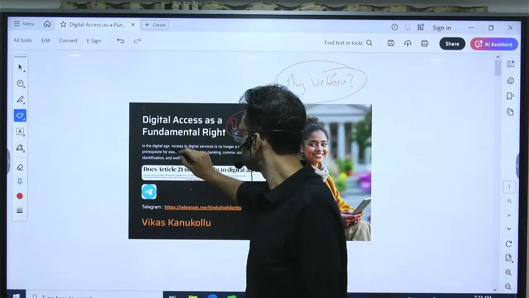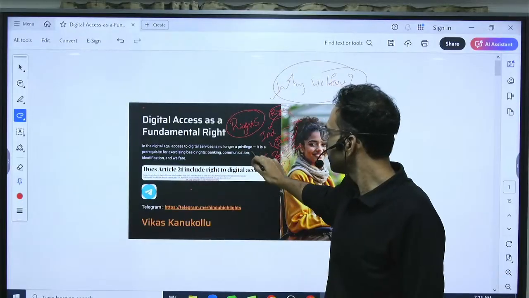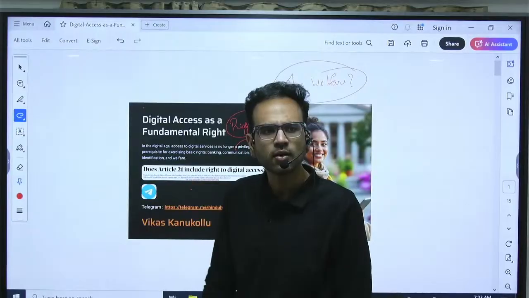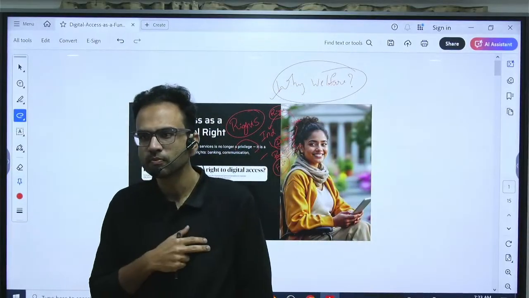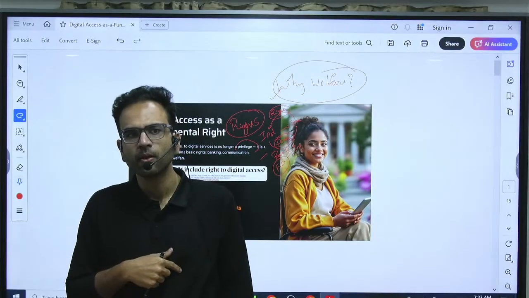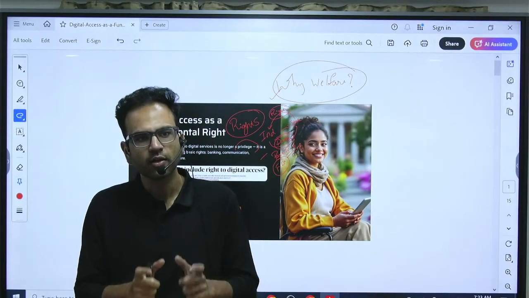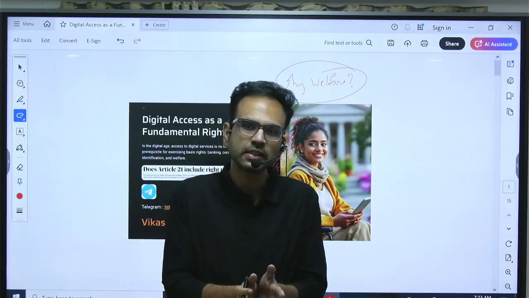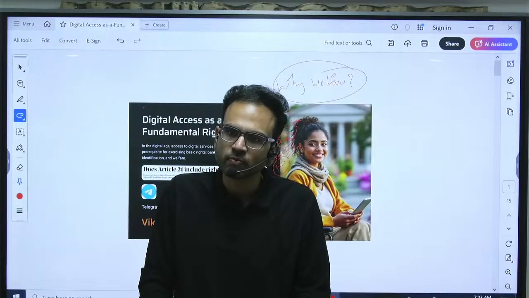Disability. Okay, we're just talking about overall concept here, but what is the problem of the disabled section? They cannot utilize the facilities if a special concern is not shown towards them.